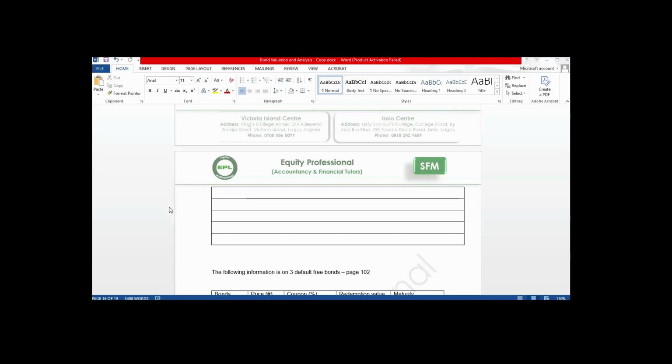But if you are required to value a commercial bond, that is a corporate company bond, then you are going to use corporate company spot yield.